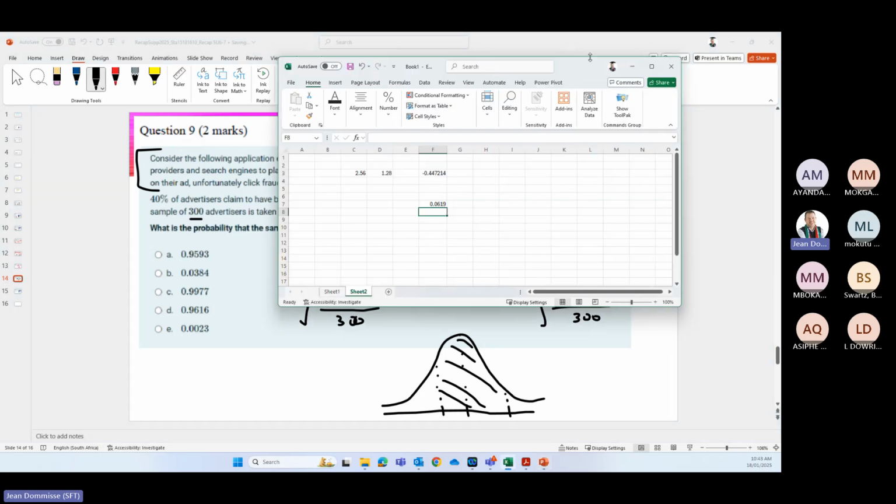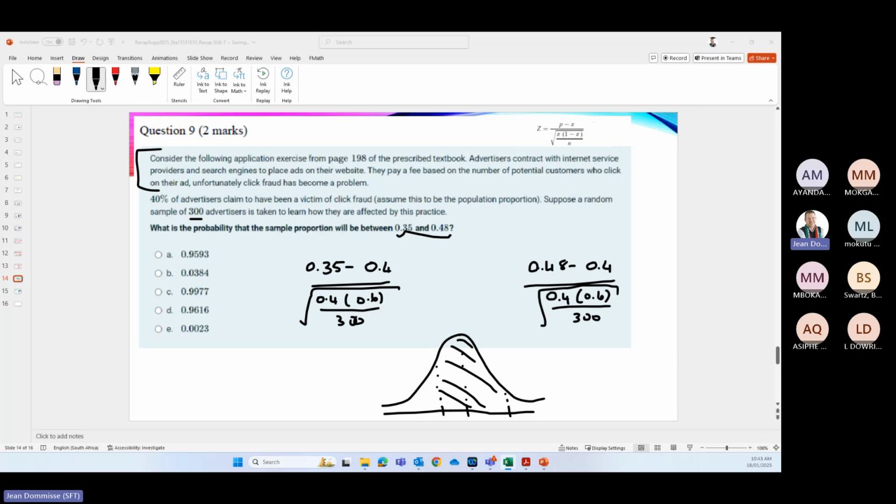Again, I don't have my calculator, so 0.35 minus 0.4, divided by the square root of 0.4 times 0.6 divided by 300.